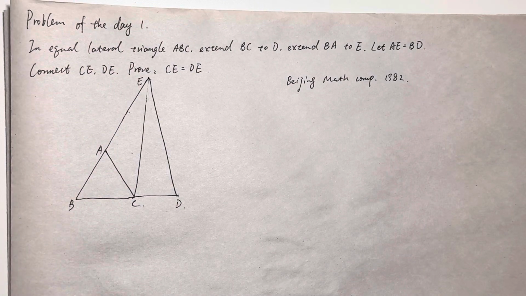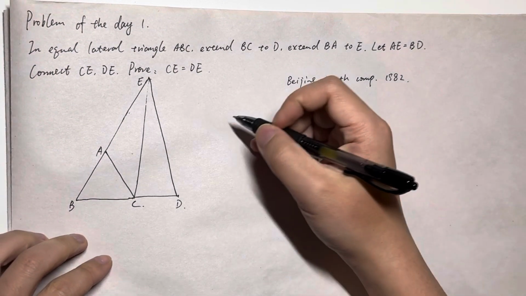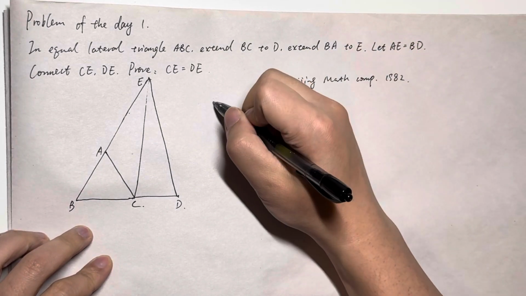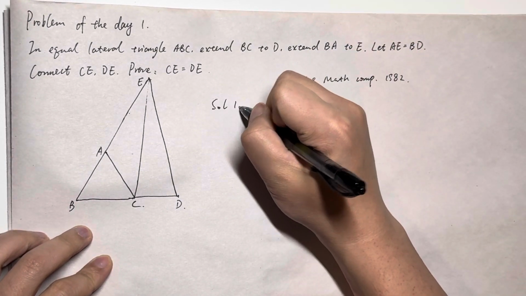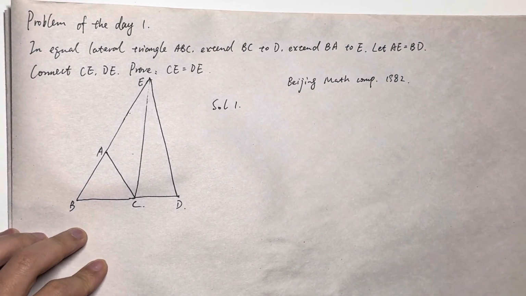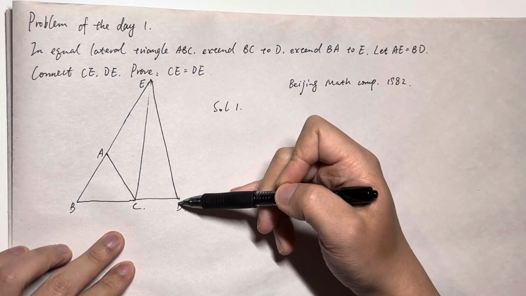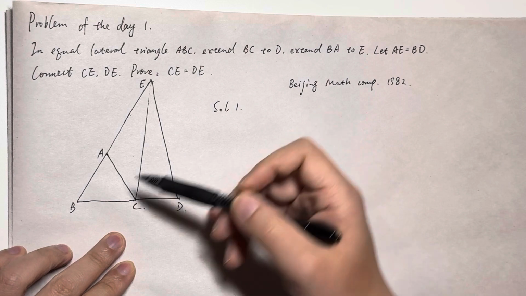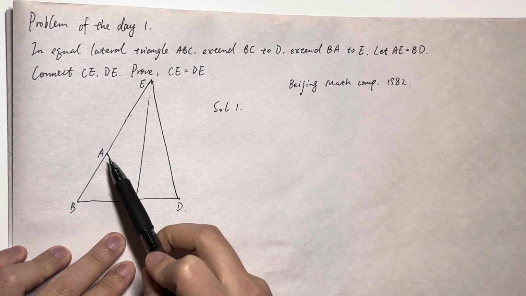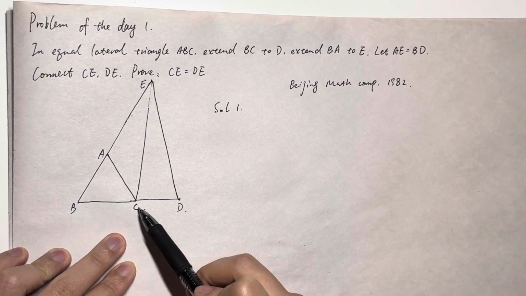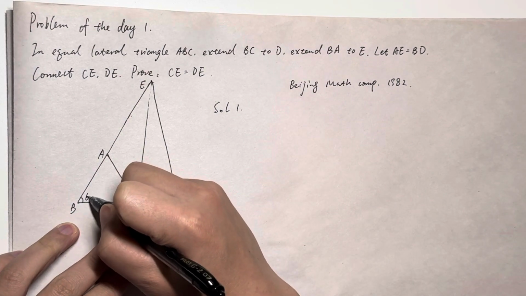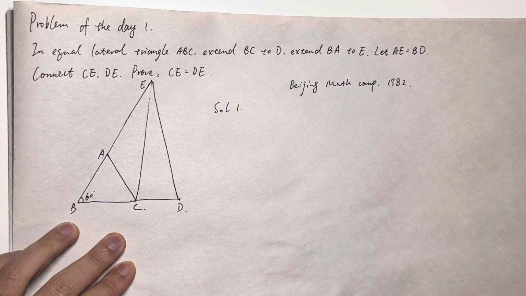For this problem, I have 2 ways to solve it. Let's talk about it one by one. For solution 1, the first thing we notice is that we want to prove that CE equals DE. And we also notice that triangle ABC is an equilateral triangle, which means this is 60 degrees.